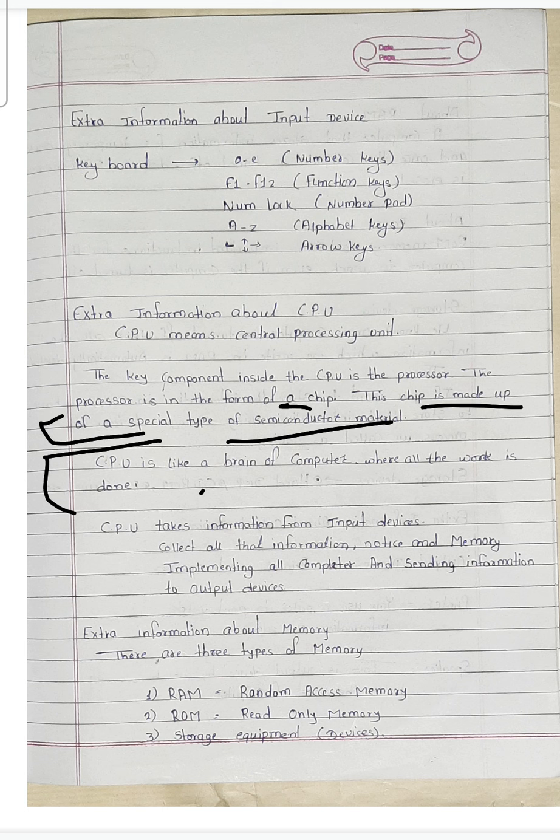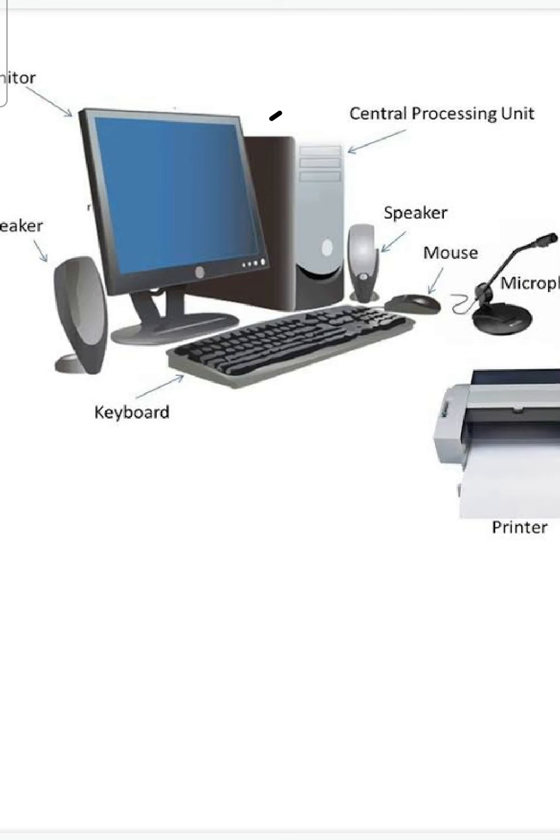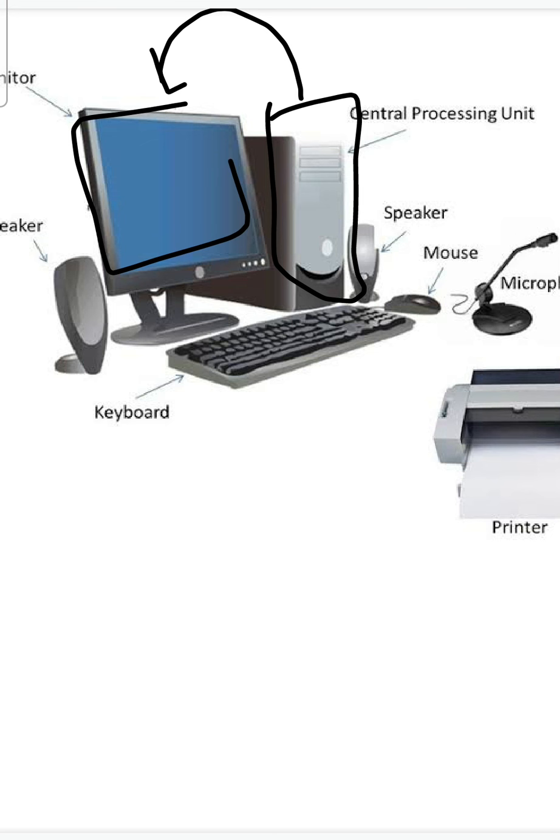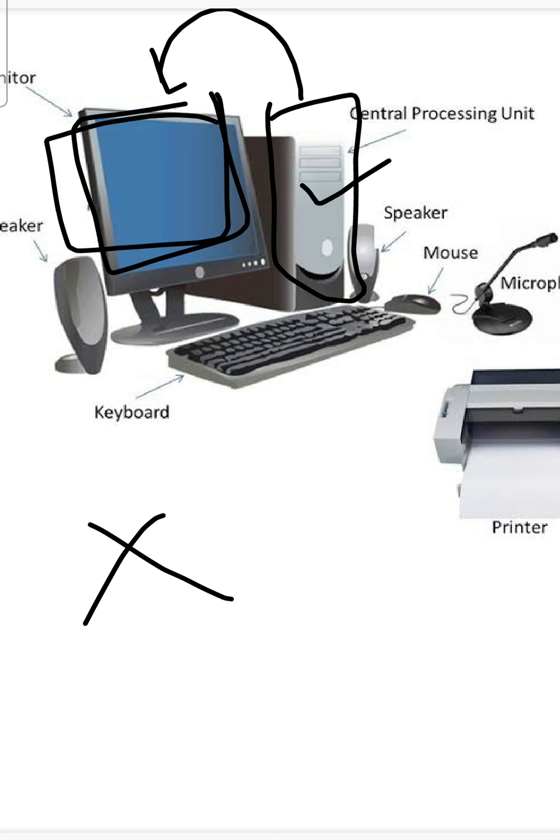The CPU is like the brain of a computer, where all the work is done. So here is our CPU. Without it the computer is nothing, because the CPU is the brain of this computer.